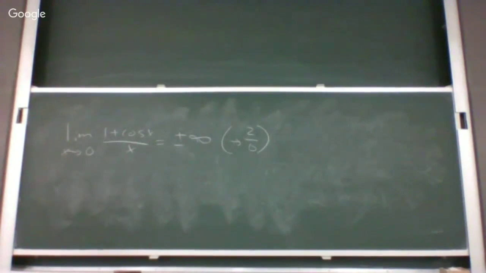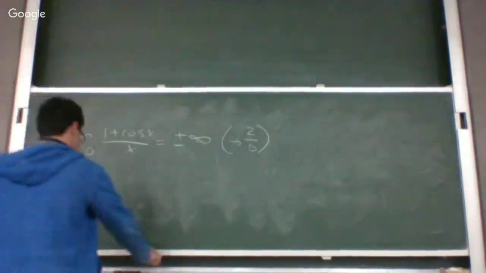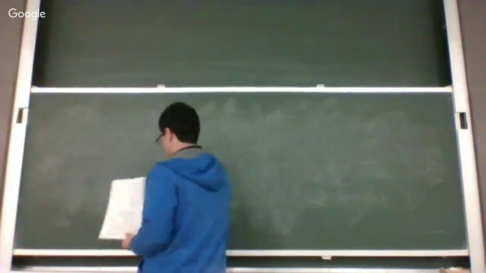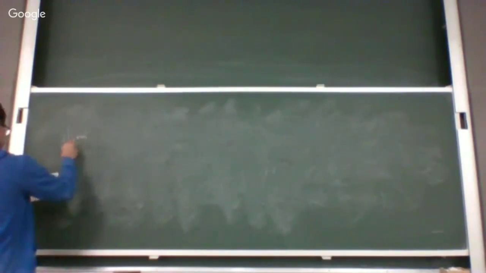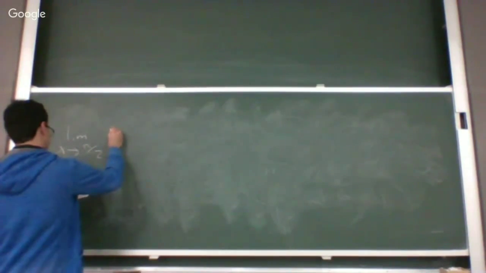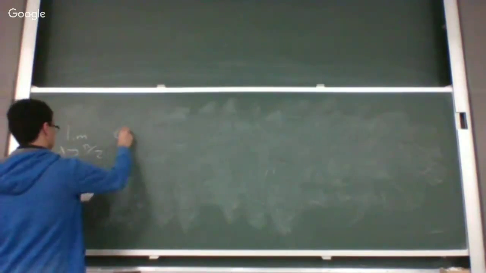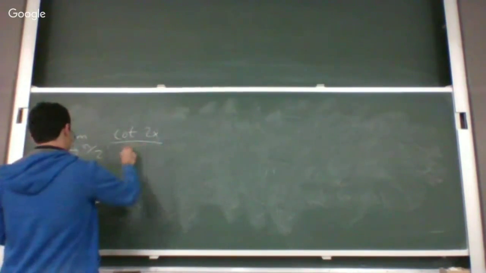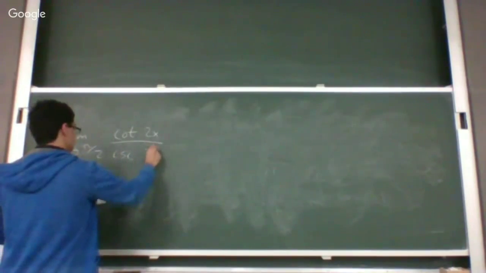This is the closest to an example I can come up with. We have a limit as x approaches pi over 2 of cotangent of 2x divided by cosecant of 2x.